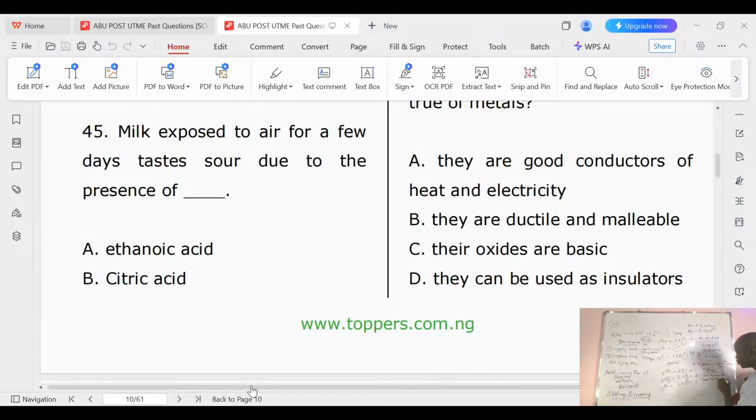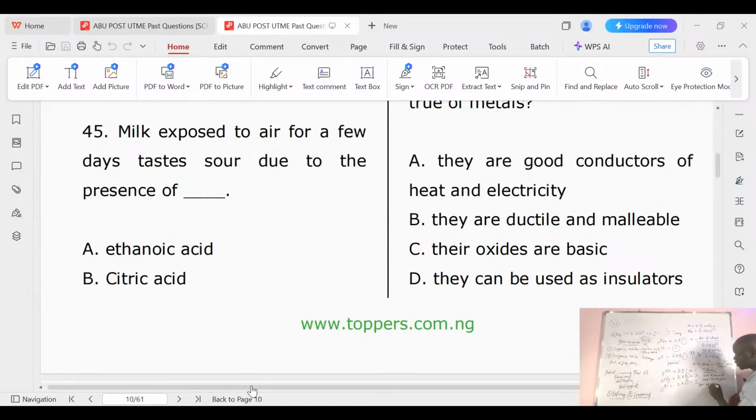So it must be oxygen and any other element. That is what you call an oxide. It is an oxide of two elements, one of which must be oxygen, and the other one can be any other element.